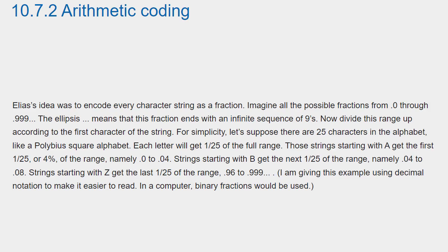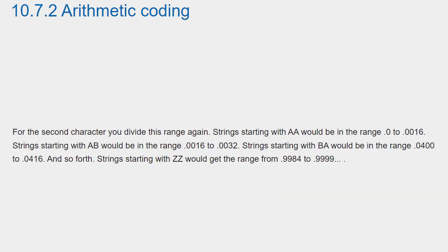I am giving this example using decimal notation to make it easier to read. In a computer, binary fractions would be used. For the second character, you divide this range again. Strings starting with AA would be in the range 0 to 0.0016.